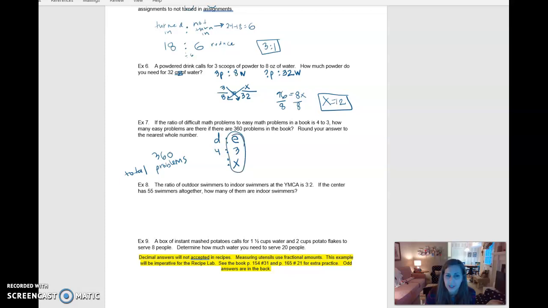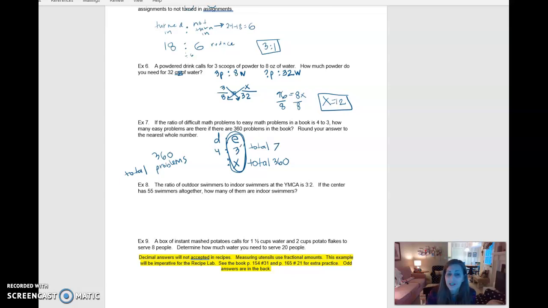We definitely need to use this easy information. If there are 360 total problems, well, the total problems here would be 360. It didn't tell us, but we can figure out the total number of problems here as well. If there were 4 difficult and 3 easy, what's the total? 7.